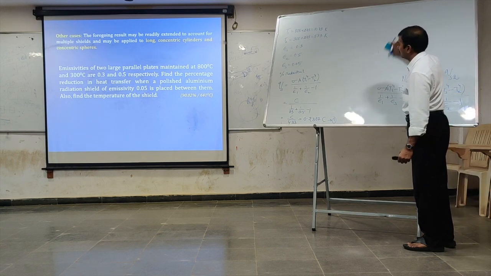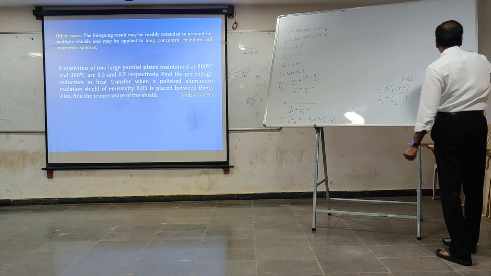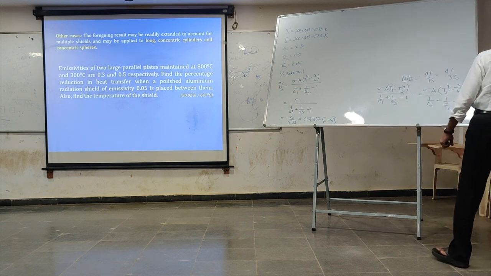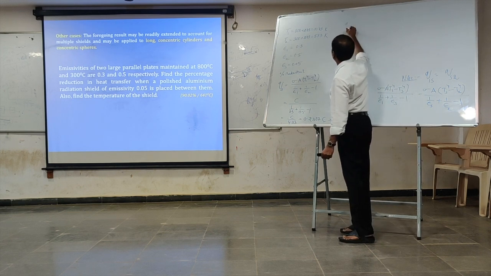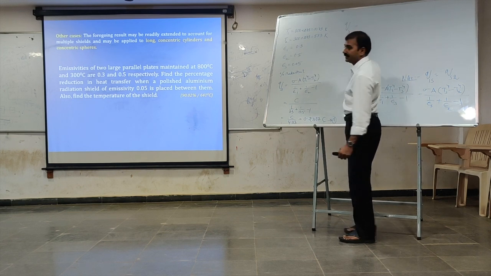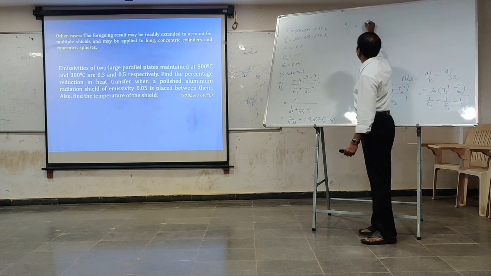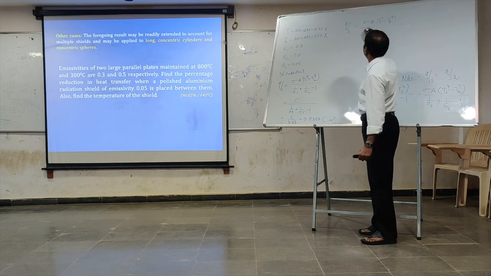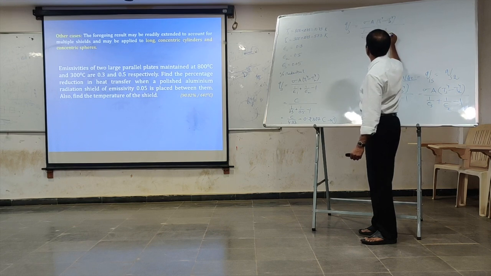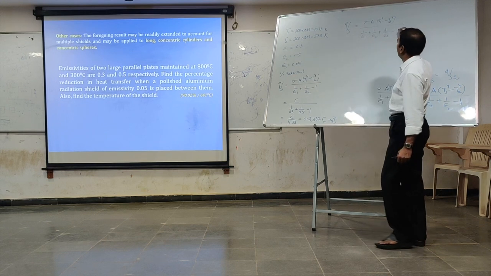With one sheet between them, let's say this is Qs, almost with C. So what do we get here? Sigma A times T1 to the power of 4 minus T2 to the power of 4, divided by 1 by epsilon 1 plus 1 by epsilon 2 plus 2 by epsilon s minus 2.